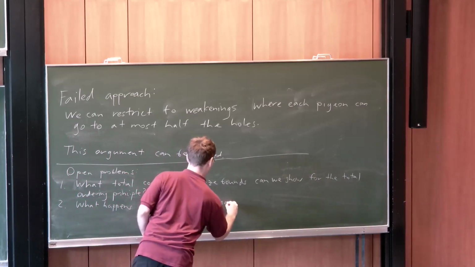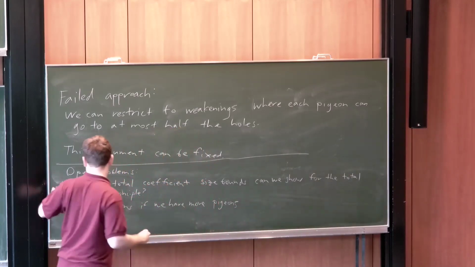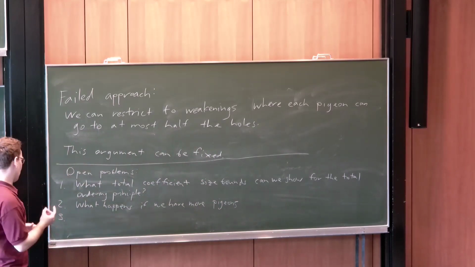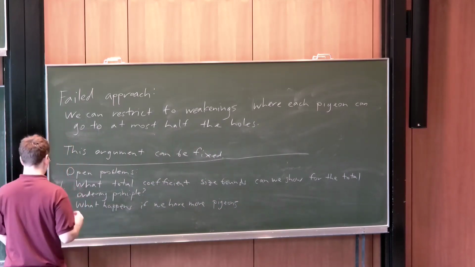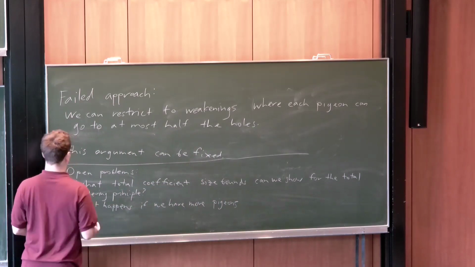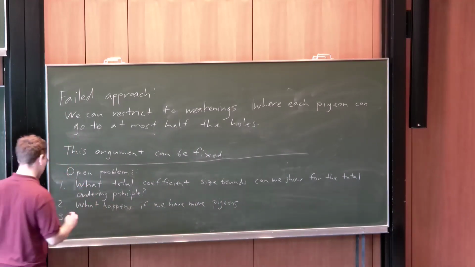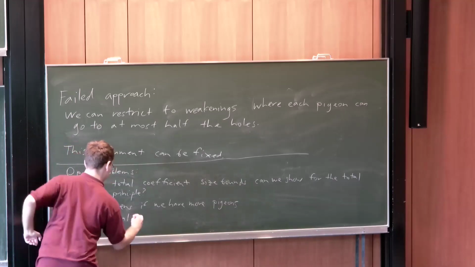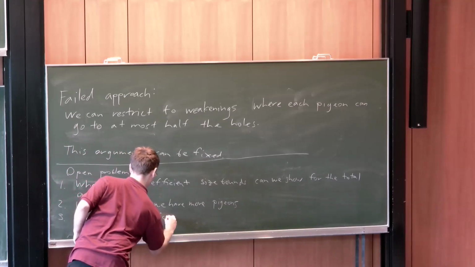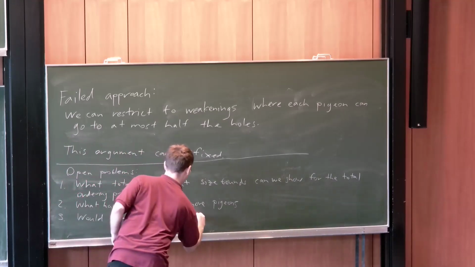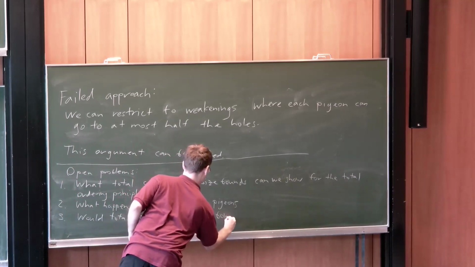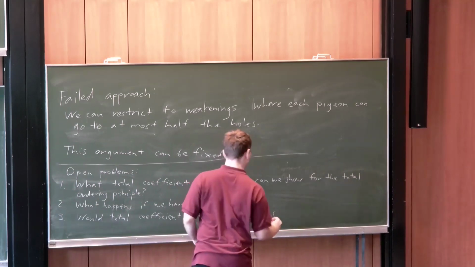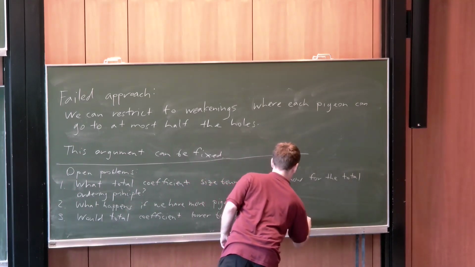As it turns out, the current proof uses a trick which works when we have exactly one more pigeon than hole. And then the last one, as the lawyer also asked: would total coefficient lower bounds for SOS imply resolution lower bounds?